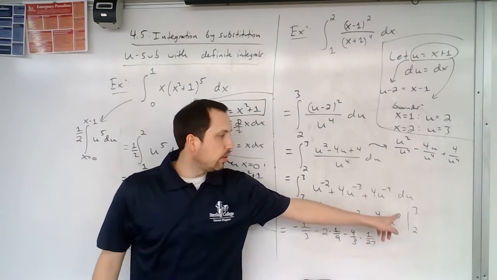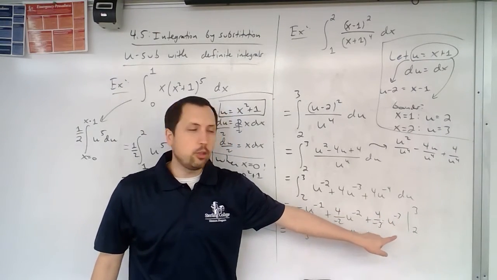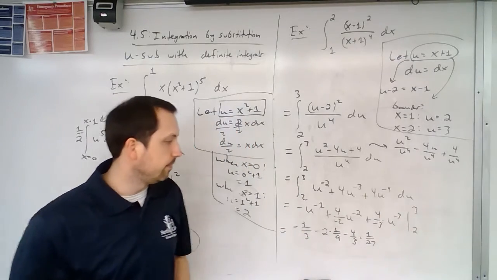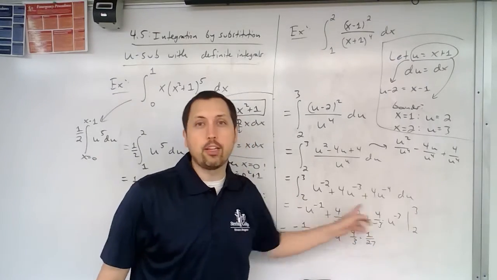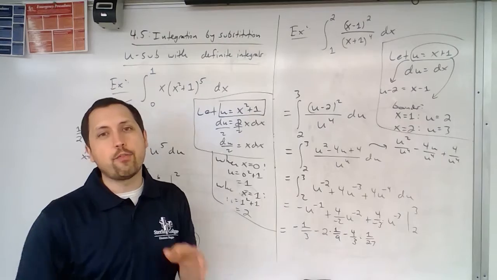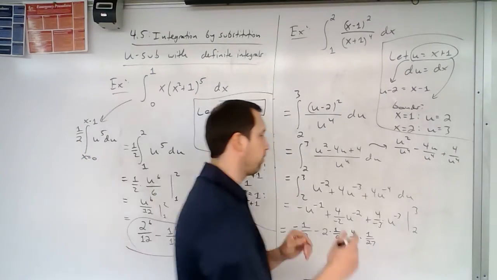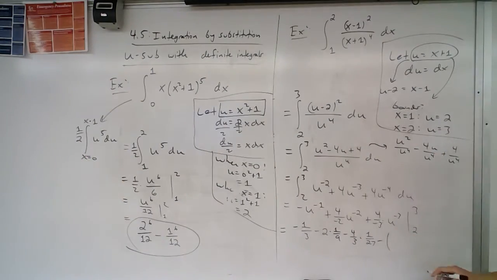So u to the negative 3rd is 1 over u cubed. 3 cubed is 27. So that's what happens when I plug in 3. Then I subtract off what happens when I plug in 2. Make sure you use parentheses. So now I have negative 1 over 2 minus 2 times 1 over 4 minus 4/3 times 1 over 8.